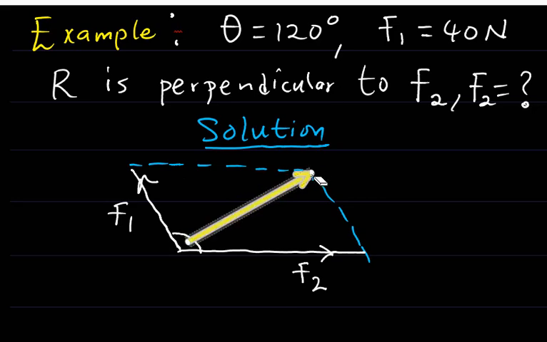Okay, so this becomes the resultant actually. Now we are told that the resultant R is perpendicular to F2.